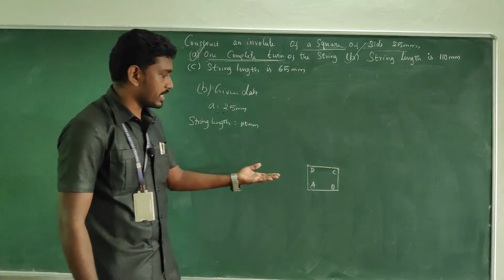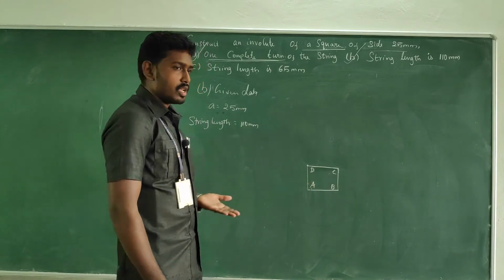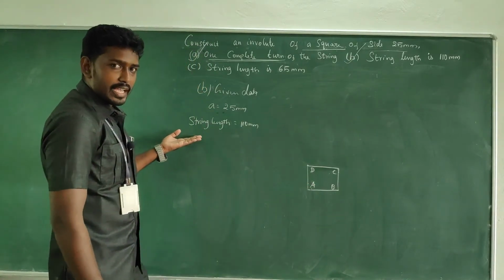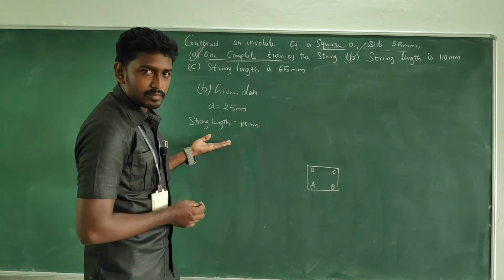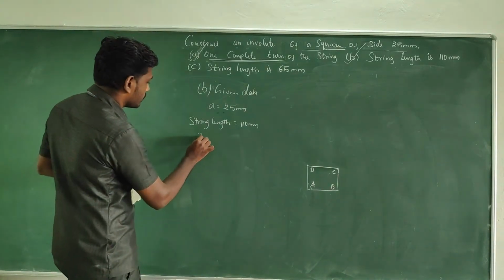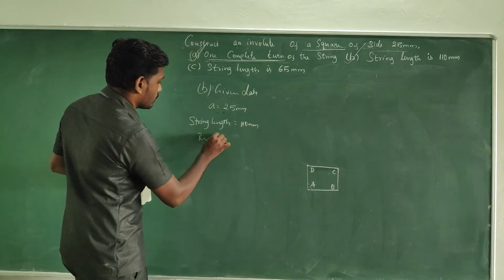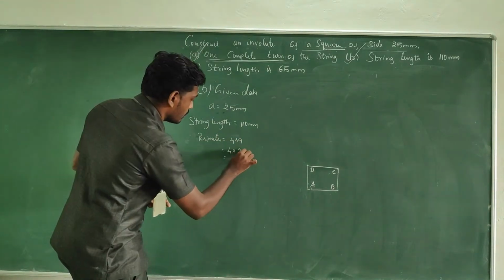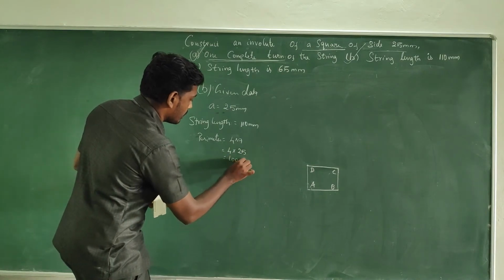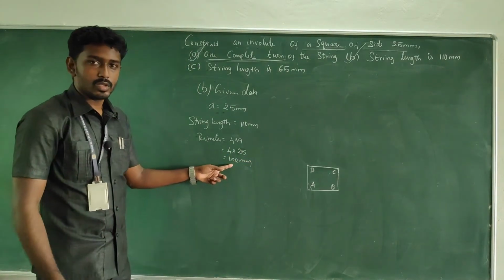What is next? We need to take the string length, right? So if you see here, what about the perimeter? 4 into A. Do the calculation. 4 into 25, we get 100. Am I right?